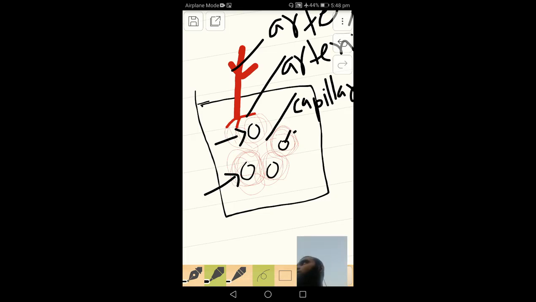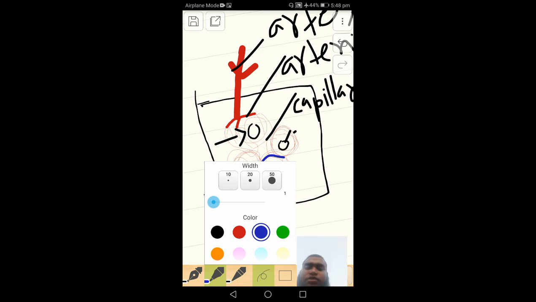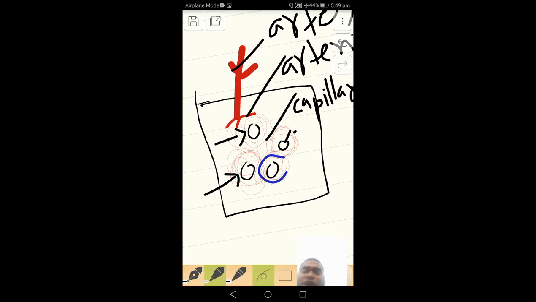Since the blood is giving oxygen to the cells and collecting carbon dioxide from the cells, I will make it blue colored, isn't it? Blue colored means they are now filled with carbon dioxide and have given all the oxygen.